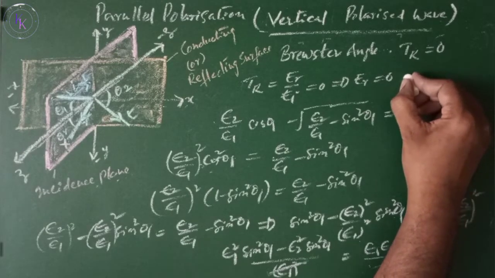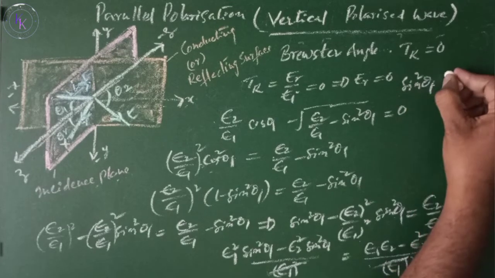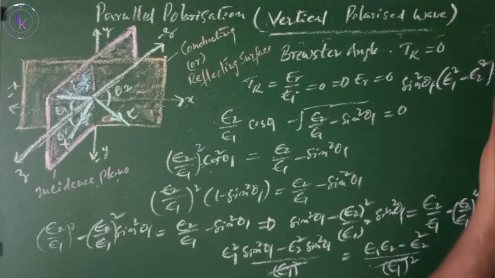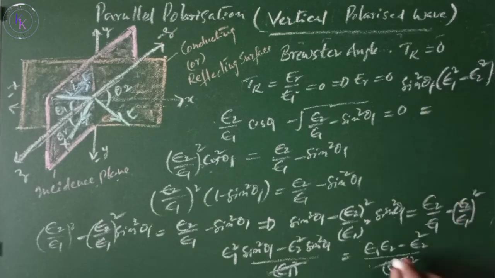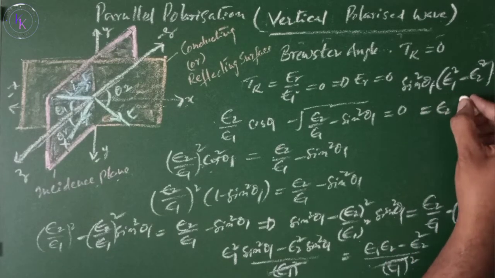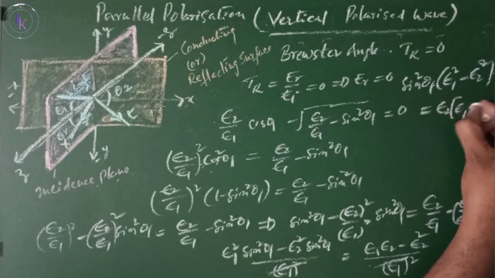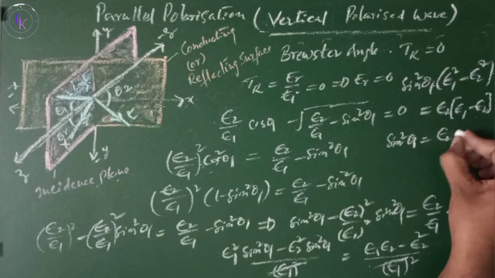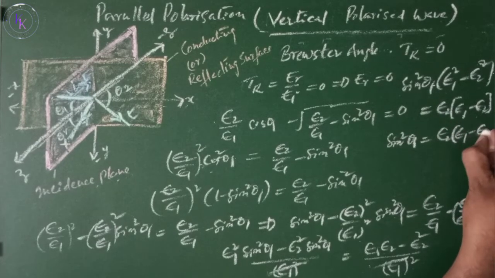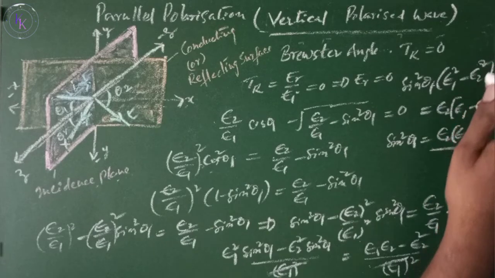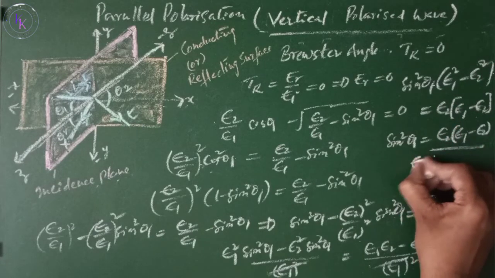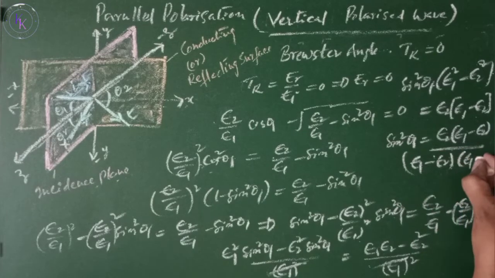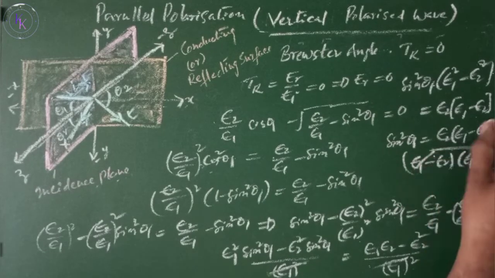Take the common terms: sin²θ1 (ε1² minus ε2²) equals ε2 (ε1 minus ε2). This is a² minus b², that is (ε1 minus ε2)(ε1 plus ε2), and the common factor (ε1 minus ε2) gets cancelled.